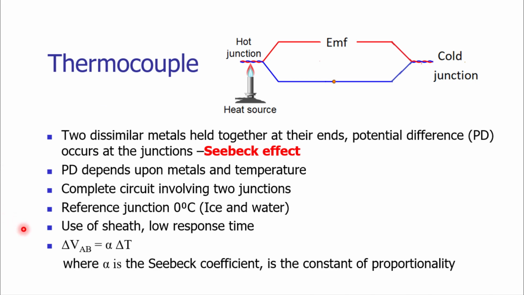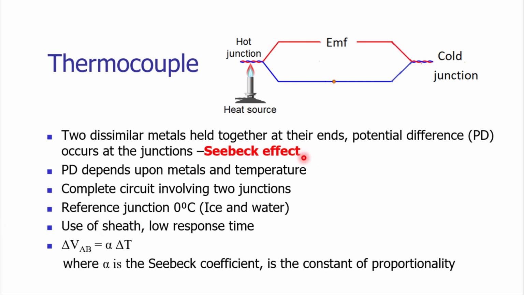It is very much used in the process monitoring and control of manufacturing operations such as welding. The thermocouple works based upon the Seebeck effect. So what is this Seebeck effect?